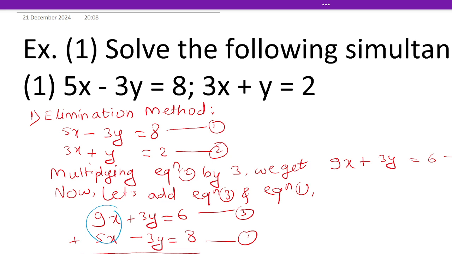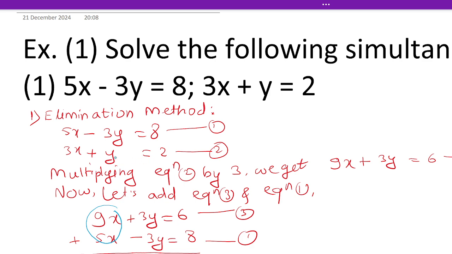So now, since we got the value of x equals to 1, we can substitute this value in any one of these equations. We could put this value in equation number 1 or equation number 2. For convenience, I am putting x equals to 1 in equation number 2. Originally the equation was 3x plus y equals to 2.